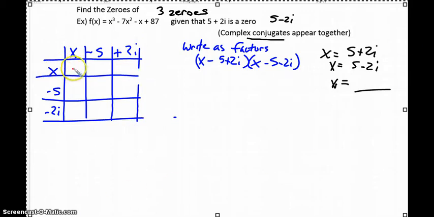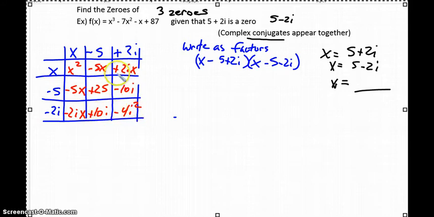Okay, so if we start multiplying together, we get x squared minus 5x plus 2ix minus 5x plus 25 minus 10i minus 2ix plus 10i, and then minus a 4i squared. Now one of the nice things about multiplying complex conjugates together is any term that has an i in it is going to cancel out with another term.